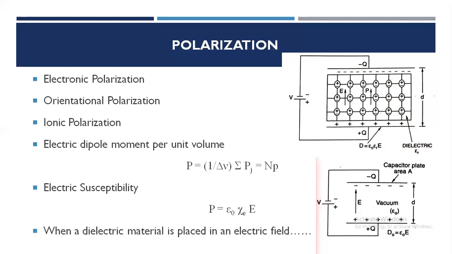The quantity chi E is a measure of the ability of the material to become polarized and differs from one dielectric to another.